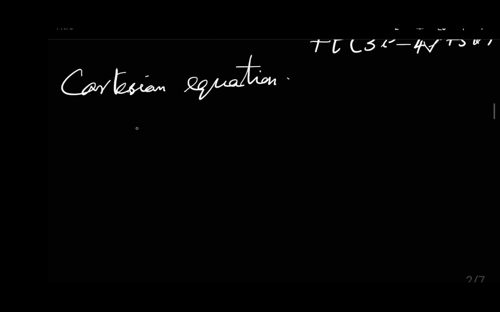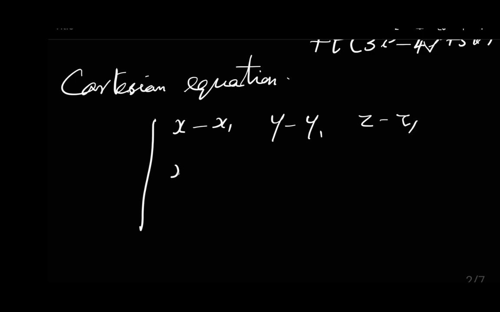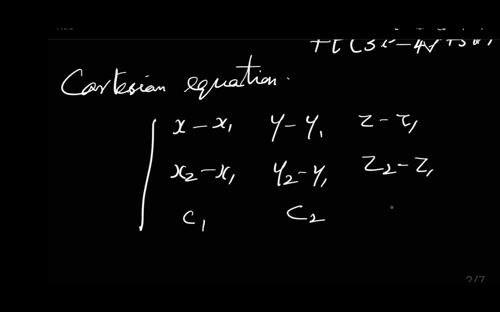See, determinant: x minus x1, y minus y1, z minus z1; x2 minus x1, y2 minus y1, z2 minus z1; and then c1, c2, c3, is equal to 0.